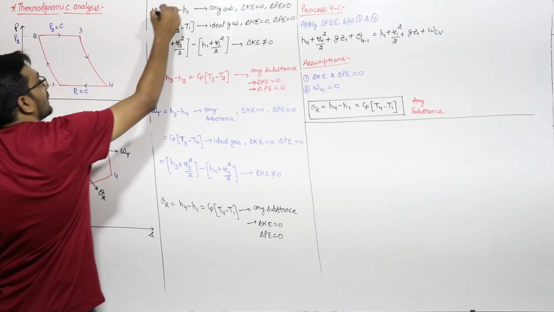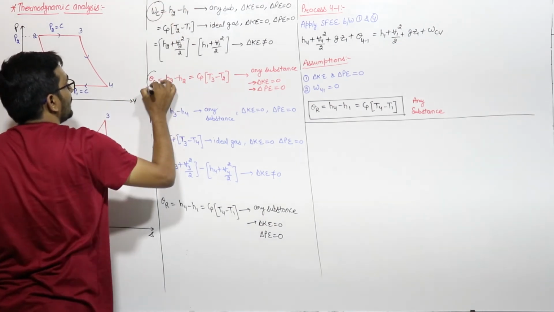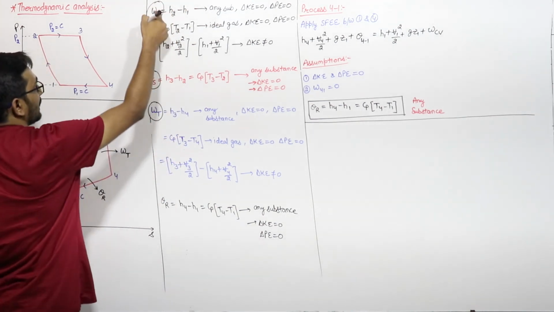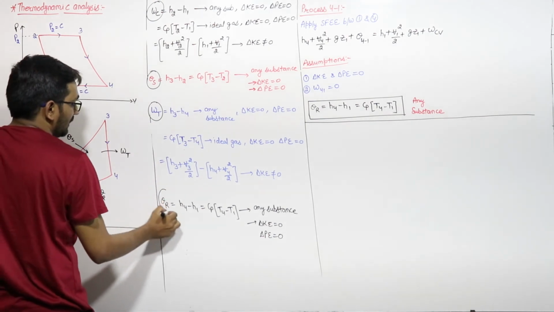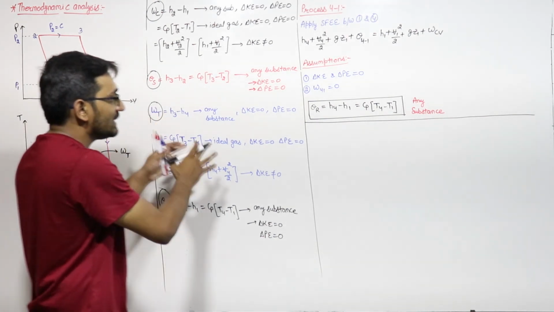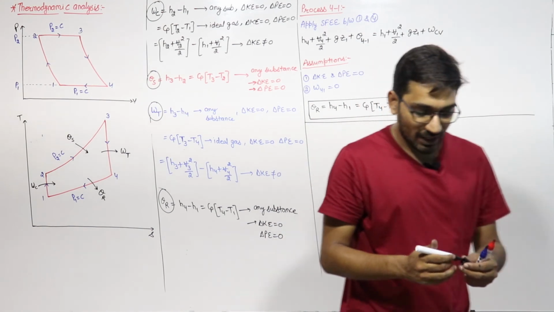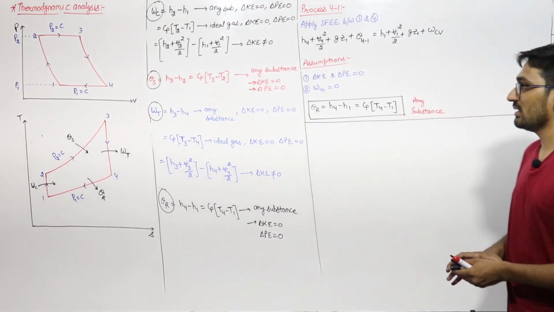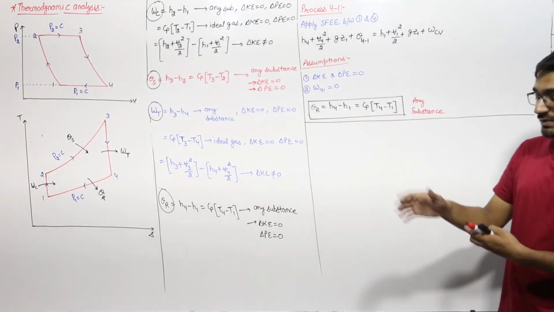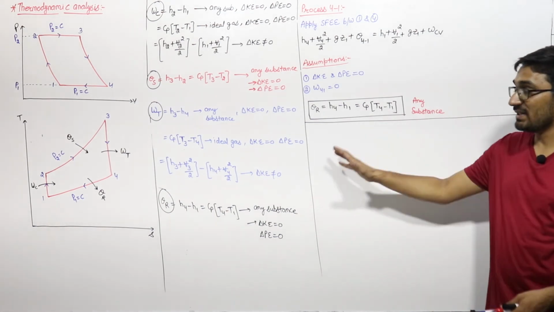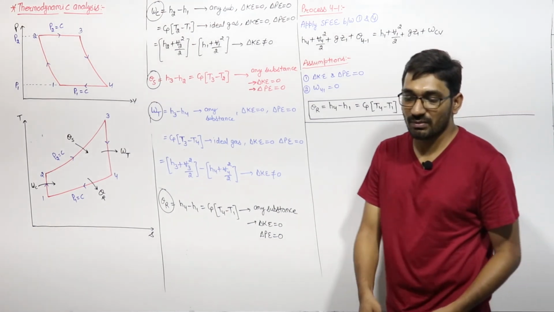These 4 conditions, work required by the compressor, heat supply, work done by the turbine, heat rejected, you must know so that you will not make any mistake in the question, right? These are the assumptions you must remember.